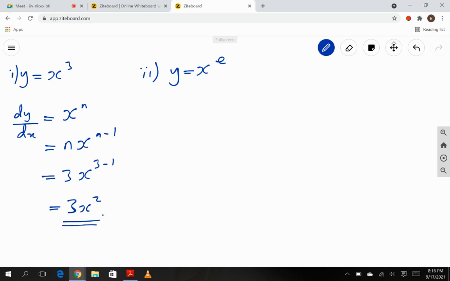For this one, nothing is different. Remember, E is a constant. If you always picture it that way, you won't have challenges. So if it's a constant, we will treat it the same way we treated the N. E is a value which you can't evaluate without a calculator, so you just leave it in that shape.